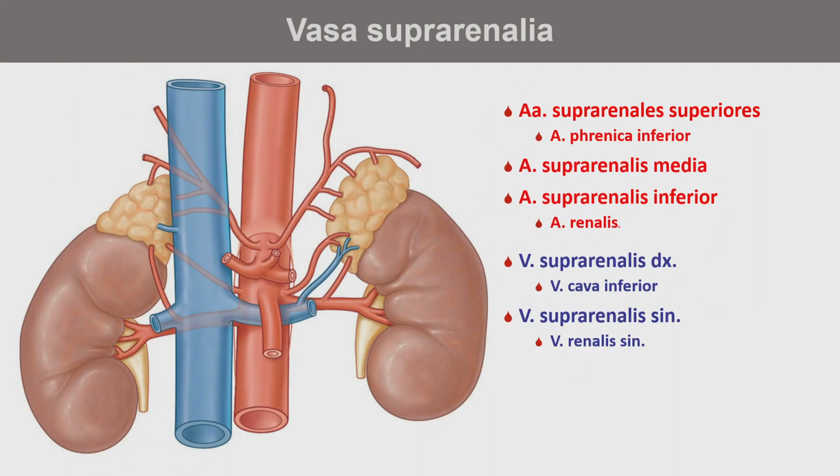So this is important. Suprarenal glands and suprarenal vessels. Adrenal glands or suprarenal glands are glands which are localized in the renal fascia in the same space like kidney, and those are supplied by 3 arteries and only 1 vein.